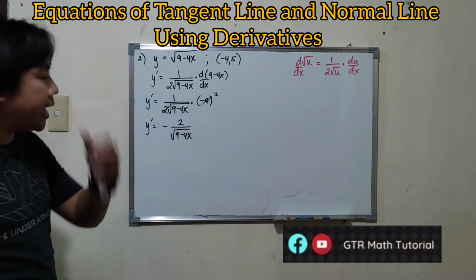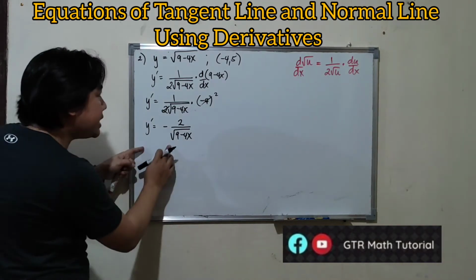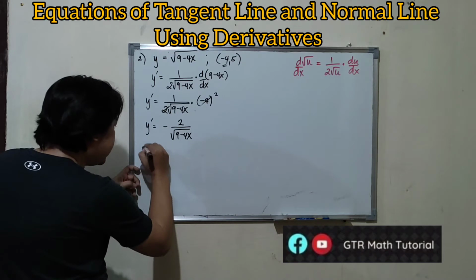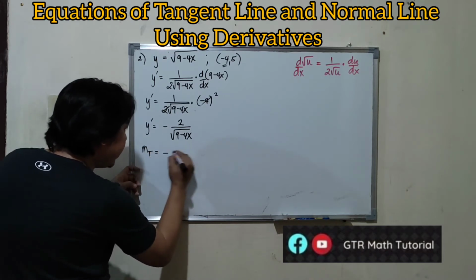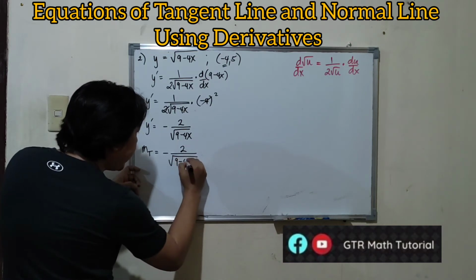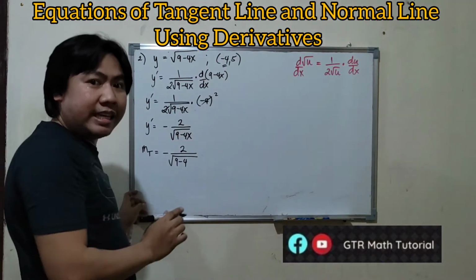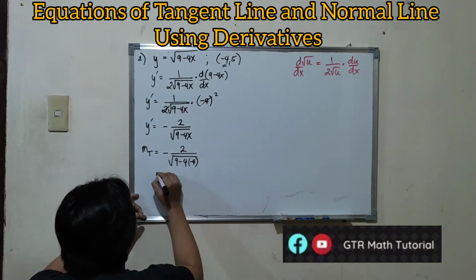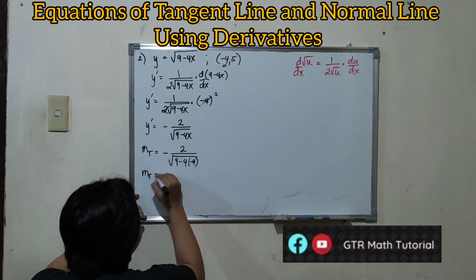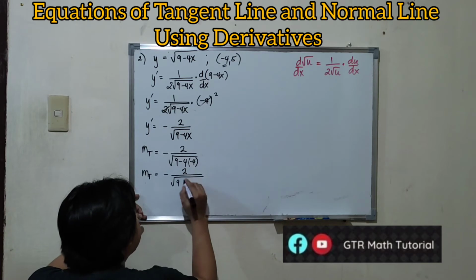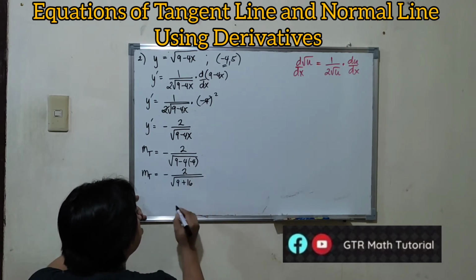So now we can find the slope of the tangent line by substituting the value of x. The slope of the tangent line is equal to negative 2 over square root of 9 minus 4 times x, which is negative 4. Just simplify. Negative 4 times negative 4 is positive 16.